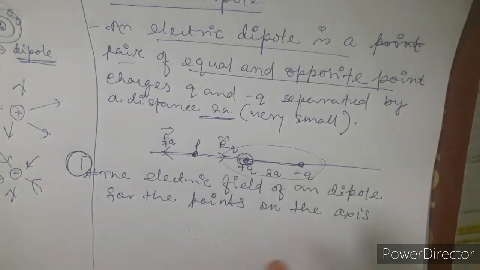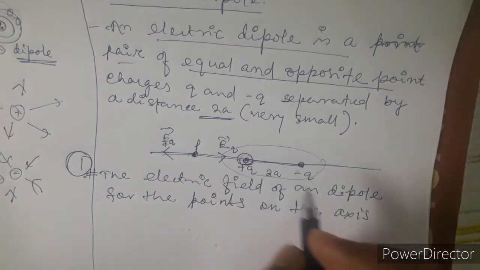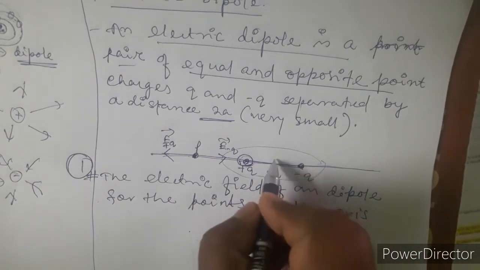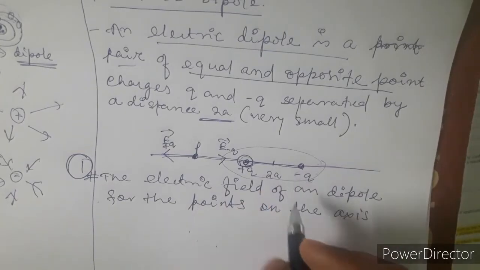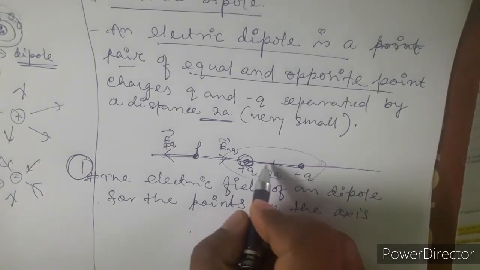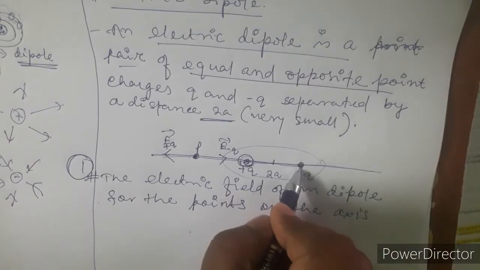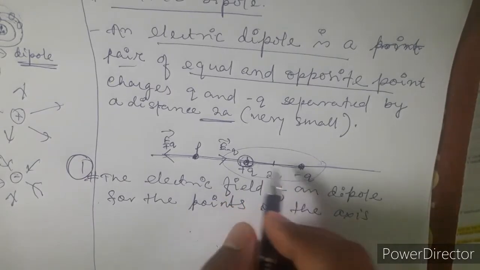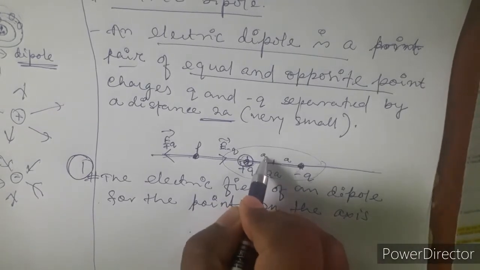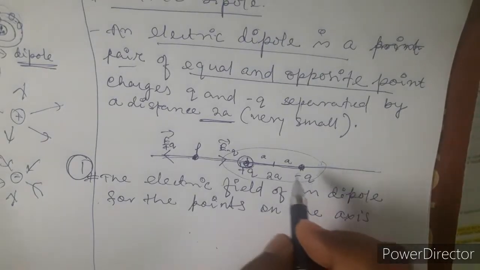of the dipole. Let's consider the midpoint of this dipole, called the center of the dipole. It will bisect the line from minus q to plus q, so here it will be a and here it will be a, it becomes half.